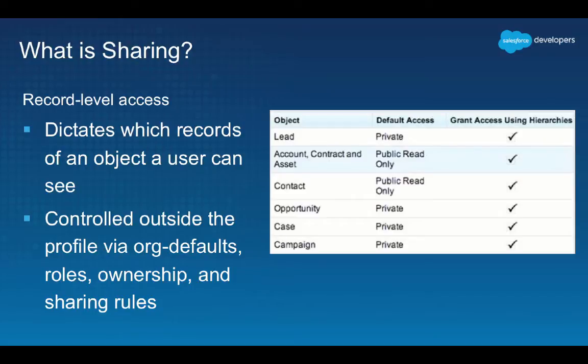That means that the only people who can view a particular lead are the individuals who created it or people with whom it has been shared. When we look at account, contract, and asset, that's set to public read only, which means anyone can see an account, but only people who created it or have had it shared with them can edit that object.